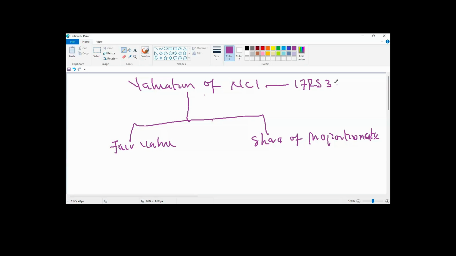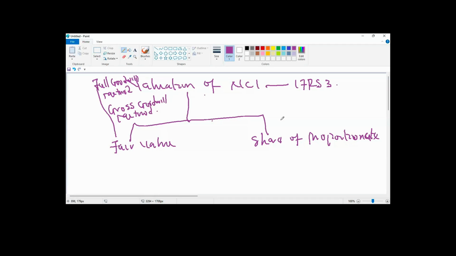Now, another name for fair value is full goodwill method or gross goodwill method.